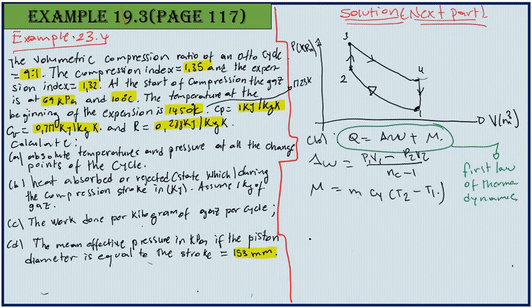So we know that P1 V1 is equal to MR T1. I need to explain how we can write the work done here, instead of in terms of the pressure and the volume, only in terms of the temperature.